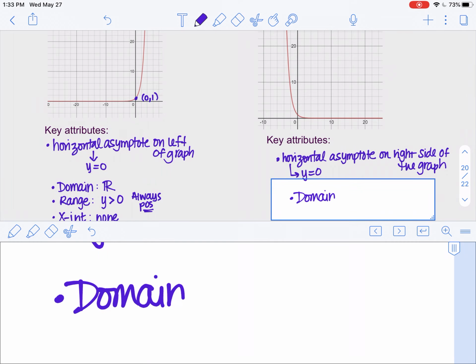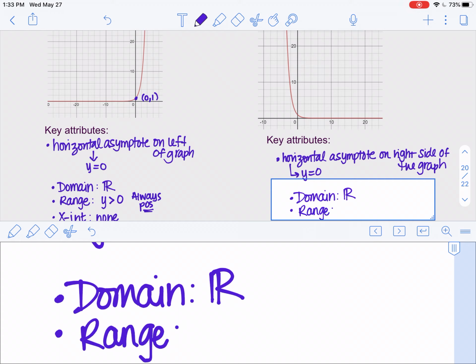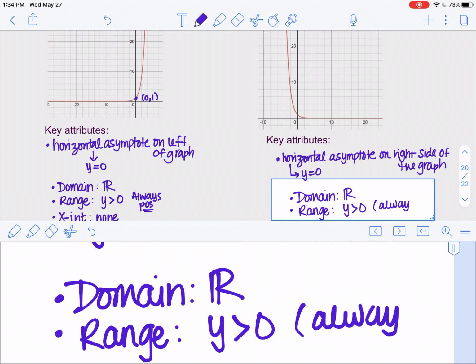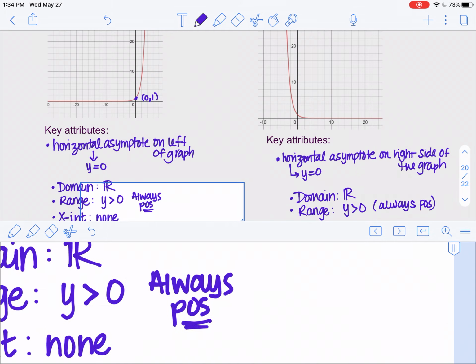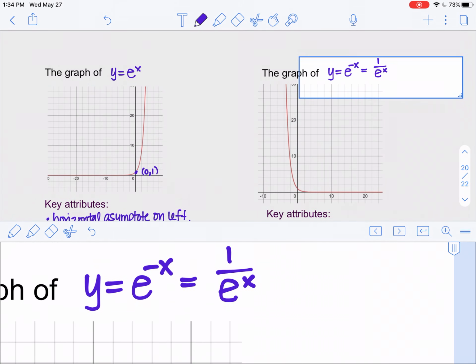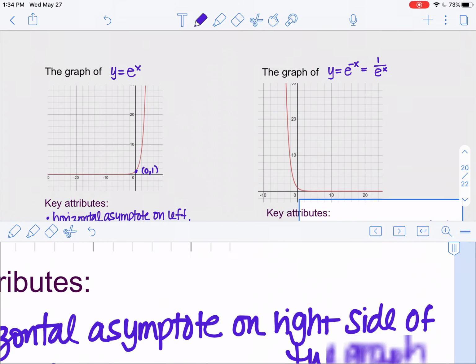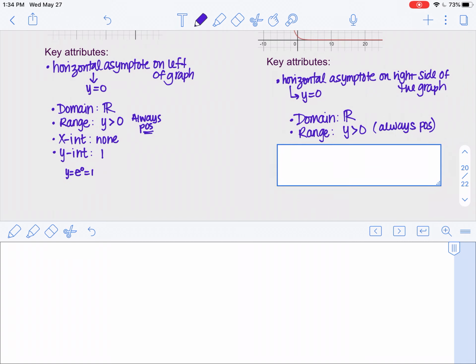Let's talk domain. If I think about all the x values, no restrictions, no vertical asymptotes, anything like that, so all real numbers. How about the range? If you take a look, same as the other one, y has to be greater than 0. Again, this graph is always positive in terms of the outputs, which makes sense because if the graph on the left was always positive, if I do 1 divided by a positive number, I'm still going to get positive outputs, so that didn't change at all.